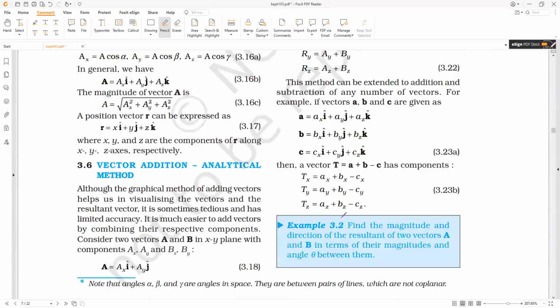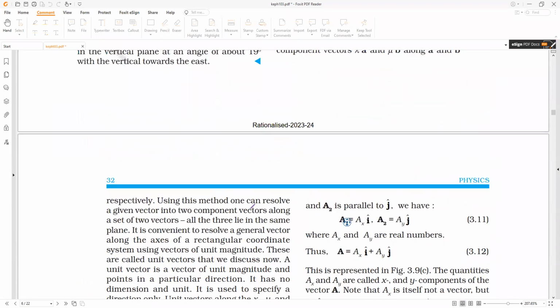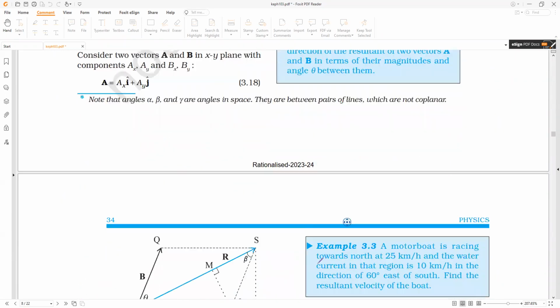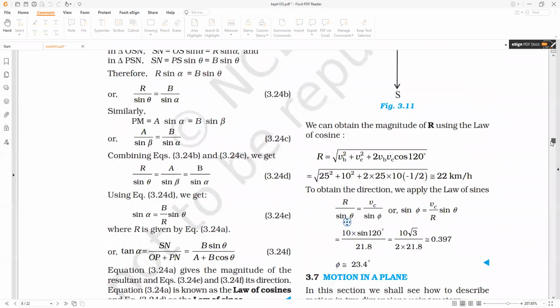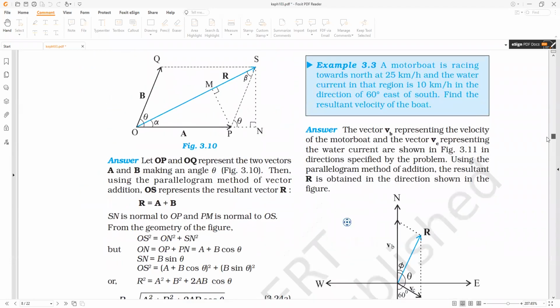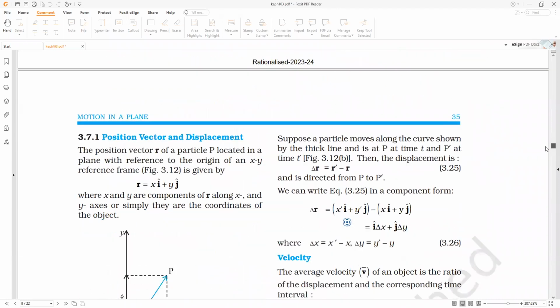Sir, still you have to solve vector addition. All the methods, tail to tail method, head to head method, I have taught you. Till 3.6, you have to find the resultant vector. Like this, sums we have solved, remembered? Till here you have to complete it.